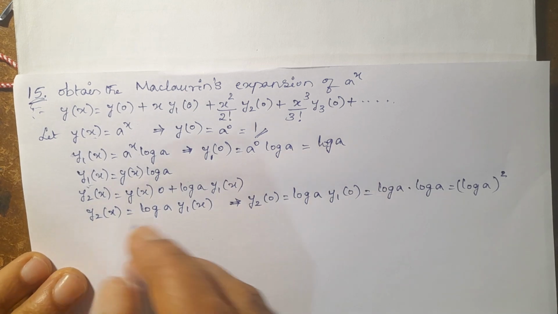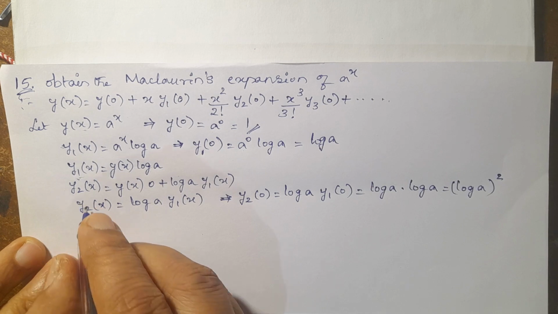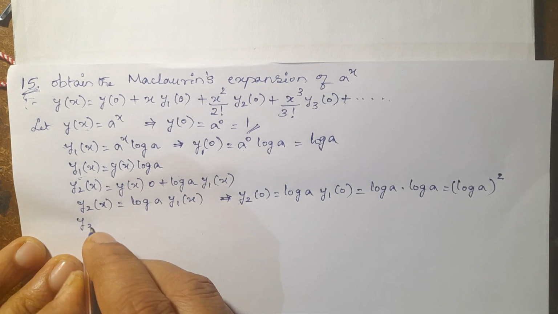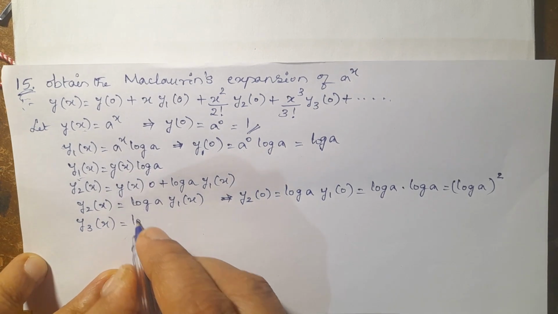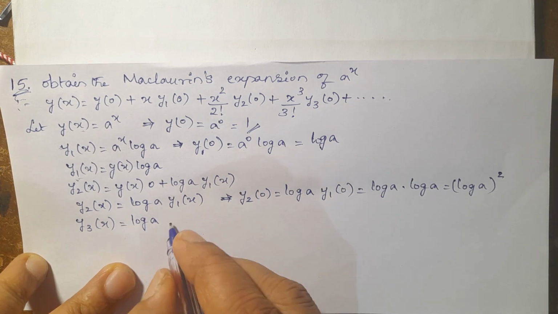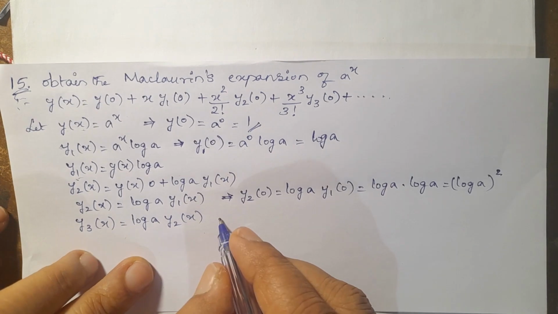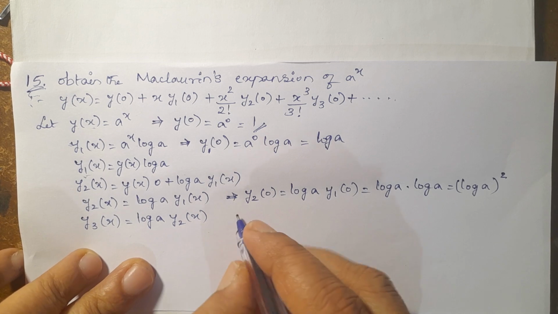So next, differentiation of y2 of x. So differentiation of y2 of x is y3 of x equal to first function log a as it is, differentiation of y1 of x is y2 of x, plus second function into differentiation of log a, which is 0. 0 into anything is 0, leave it.